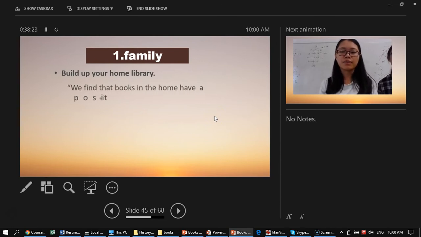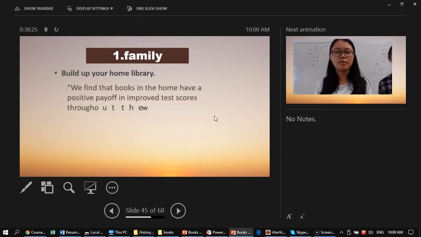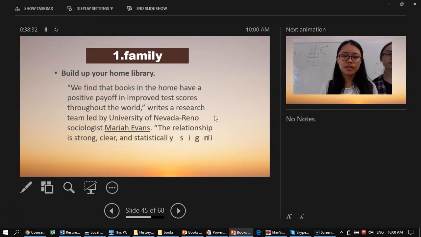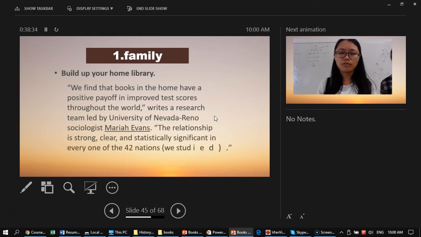We find that books in the home have a positive payoff in improved test scores throughout the world, writes a research team led by University of Nevada Reno sociologist Mariah Evans. The relationship is strong, clear, and statistically significant in every one of the 42 nations.